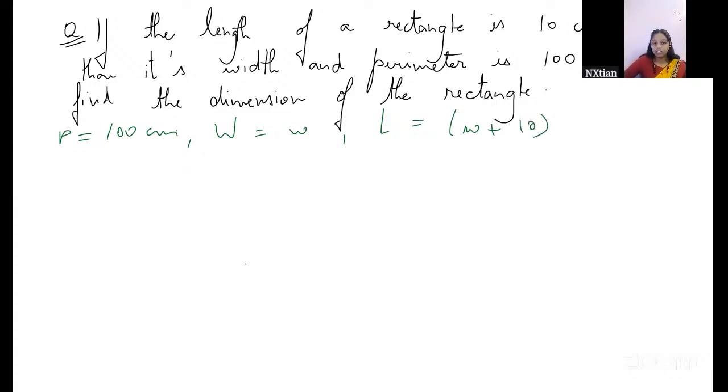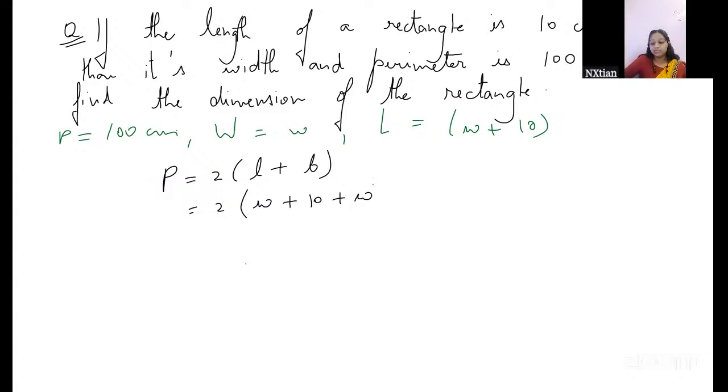Now, what's the formula? Perimeter equals 2 times length plus breadth or width. So 2, what is the length? W plus 10, plus W.